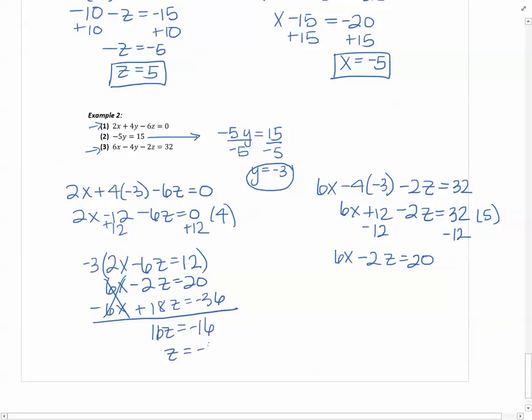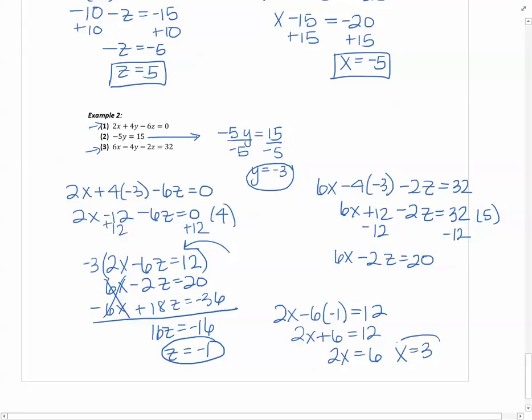Z is equal to negative 1. And then I can find x by plugging it into one of these two equations. So 2x minus 6 times z, which is negative 1, is supposed to equal 12. So I'm using this equation. 2x plus 6 is equal to 12. Subtract the 6. 2x is equal to 6. X is equal to 3.